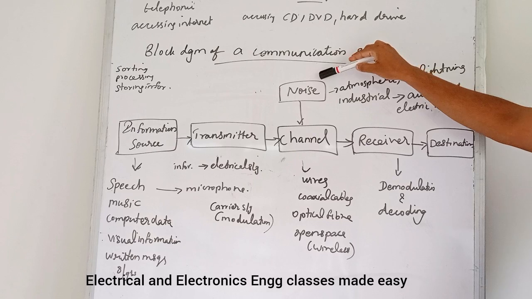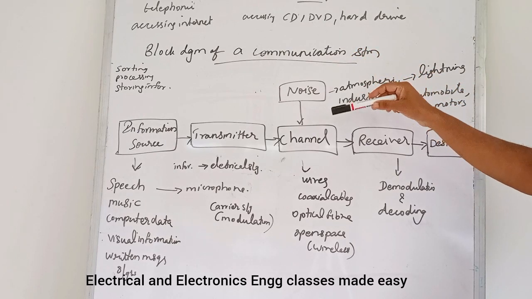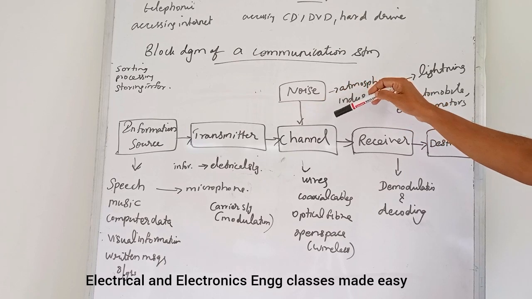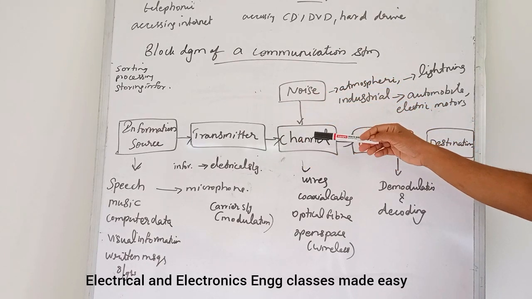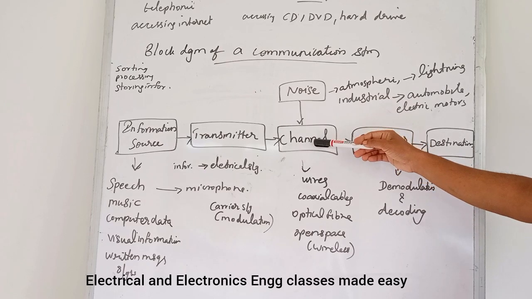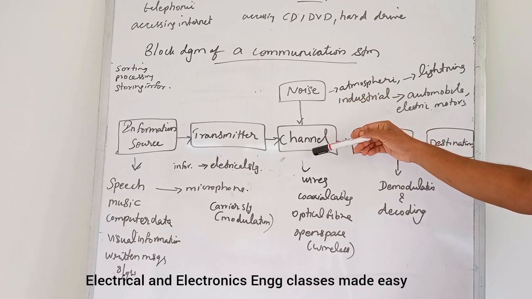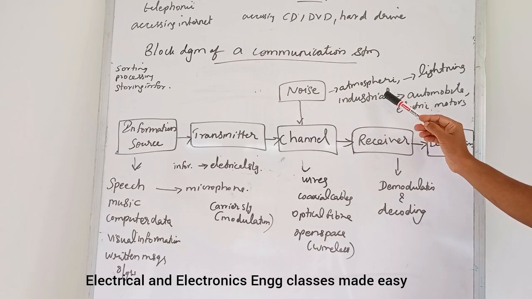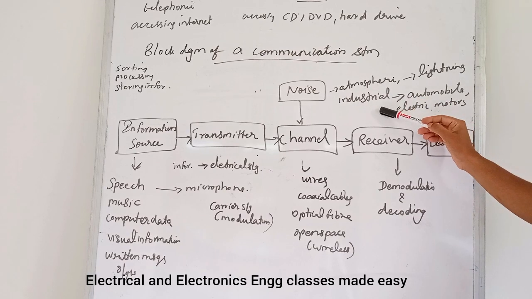Next is noise. Noise is an electrical form of energy that interferes with the transmitted message. The modulated signal gets deteriorated due to the distortion in the system and noise introduced in the system. The various forms of external noise produced in nature include atmospheric and industrial noise.